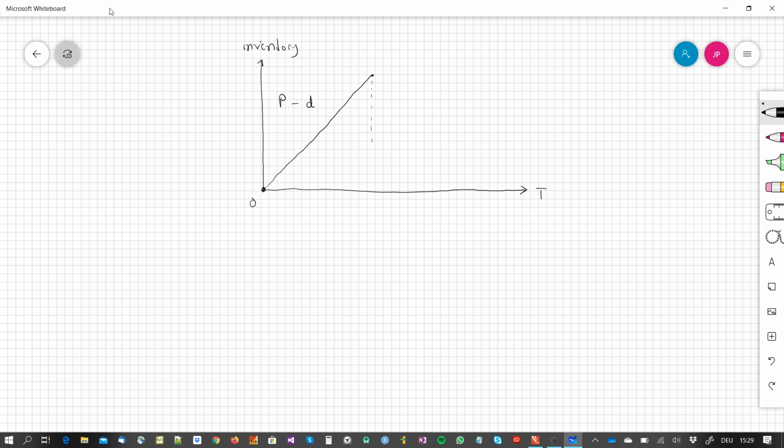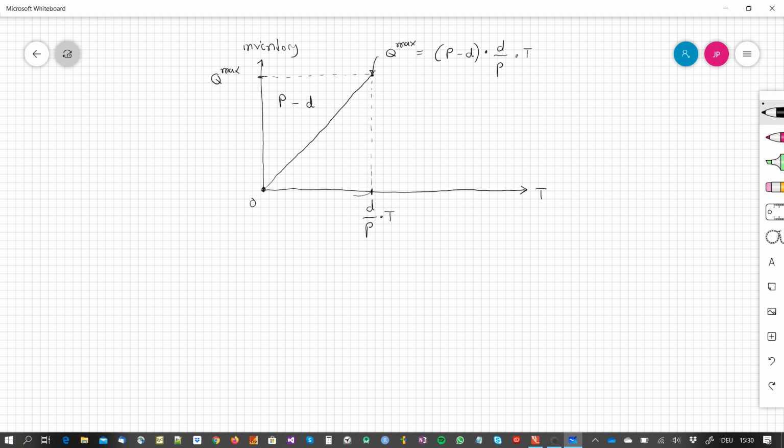Then when we have reached our maximal inventory holding, where we want to stop production, we have this peak that we can also express as Qmax equals the inventory building up in the time period, denoted by D divided by P multiplied by T. And this is exactly this point here.